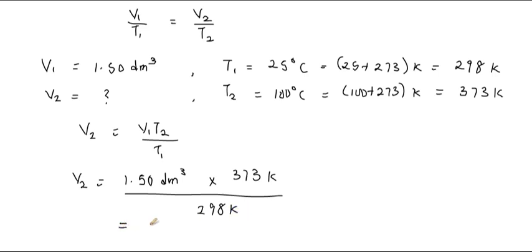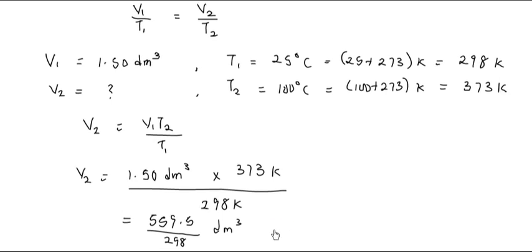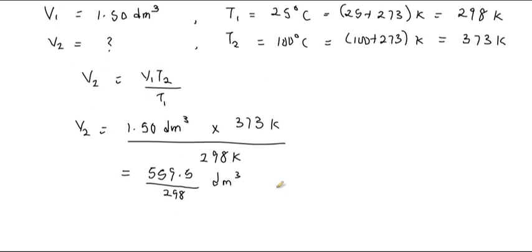Multiplying the numerator, we have 559.5, and the denominator is still 298, with the unit dm³. So this gives us 1.88, and let's not forget the unit dm³.